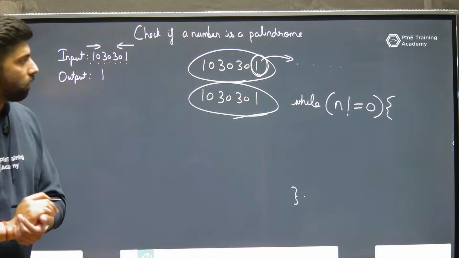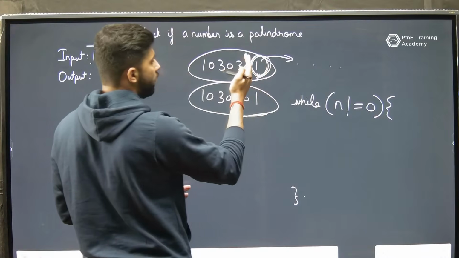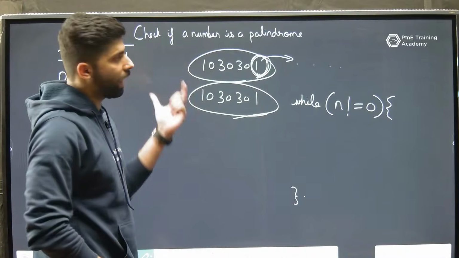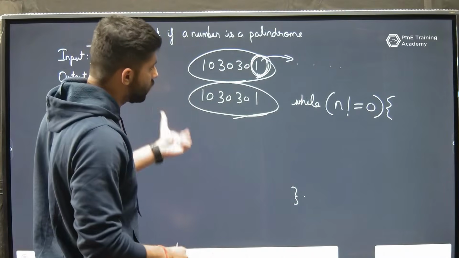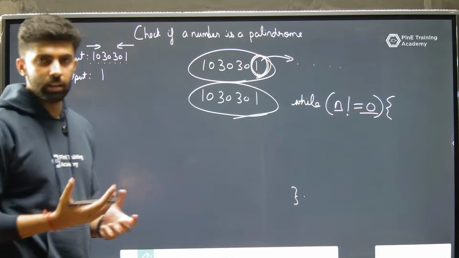So every time we get our last digit, we'll divide n by 10, and at one point of time this number n will become 0. So we will again use this particular condition, while n is not equal to 0.